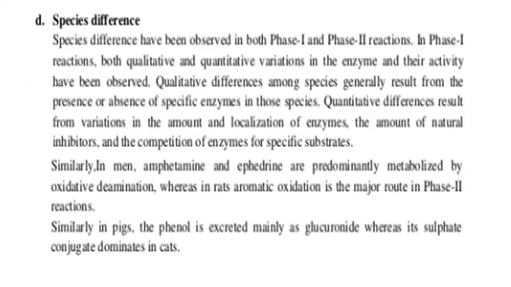The qualitative difference among species generally results from the presence or absence of specific enzymes in those species. The quantitative difference is mainly because of the variation in the amount as well as the localization of enzymes, the amount of natural inhibitors, and the competition of enzymes for specific substrate.